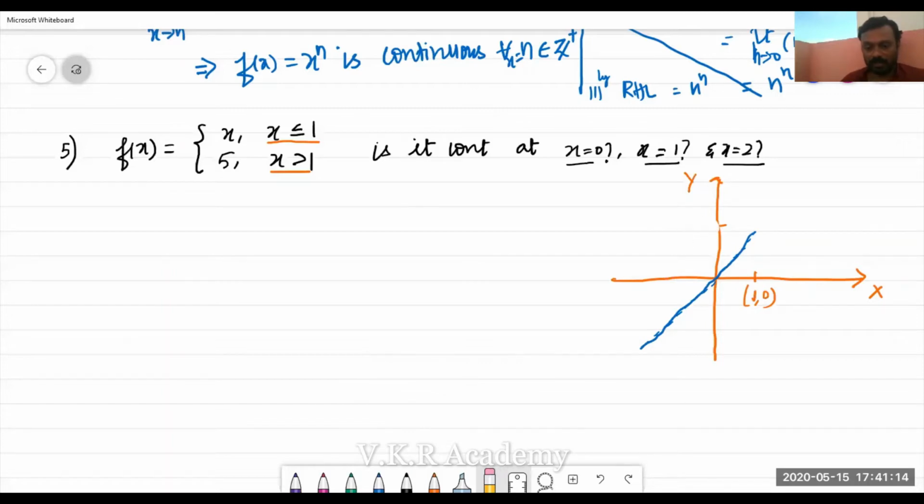So this will be the point 1 comma 1, because the graph is y is equal to x. When x is 1, y is also 1. So 0 comma 5 will be somewhere here.